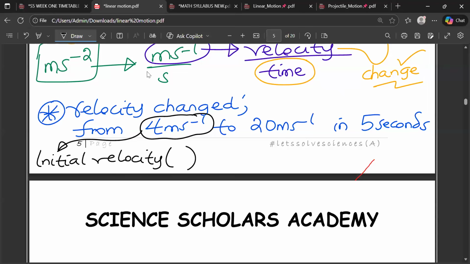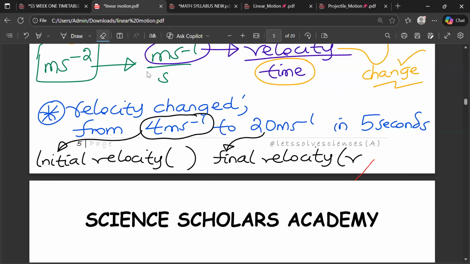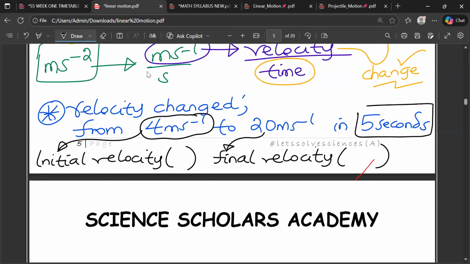Then the velocity it will get finally is called the final velocity, and the final velocity also has its letter. Also write it in the chart. Then you know that the 5 seconds is the time taken, and I already talked about it as small t. So what are those two letters of final and initial velocity?